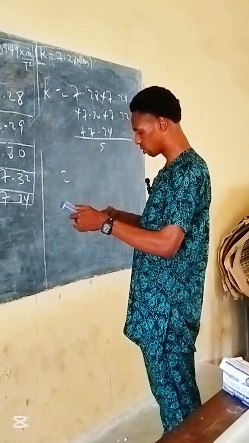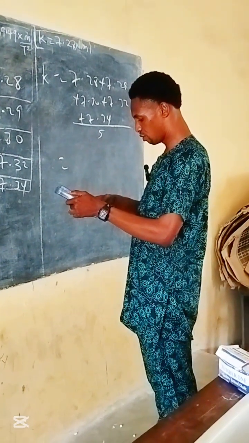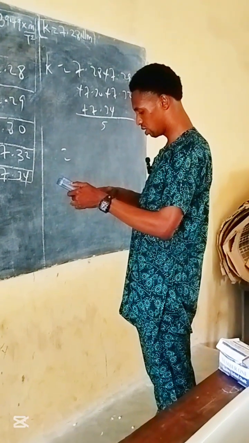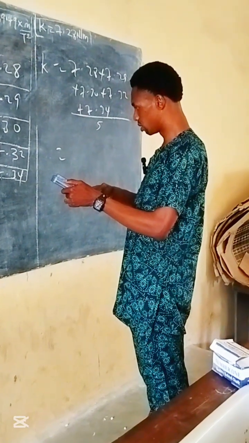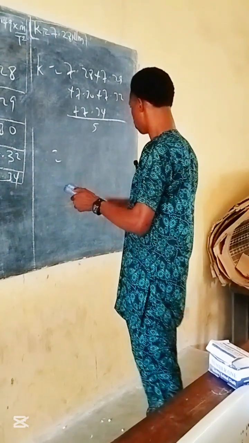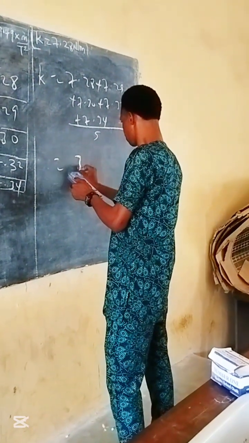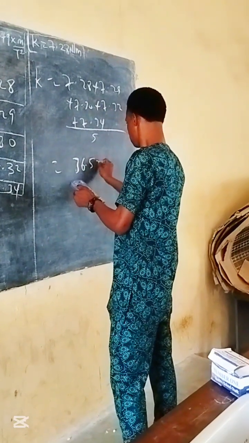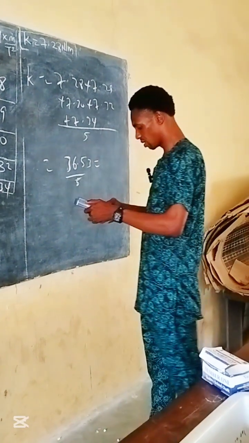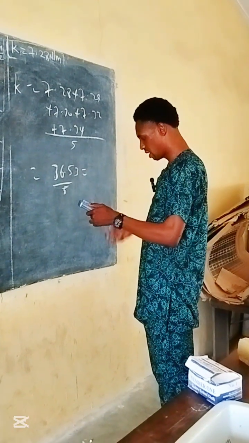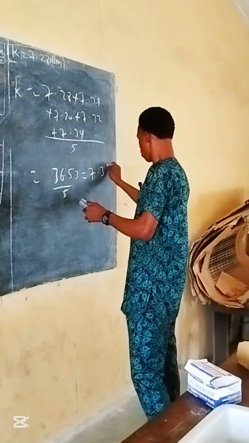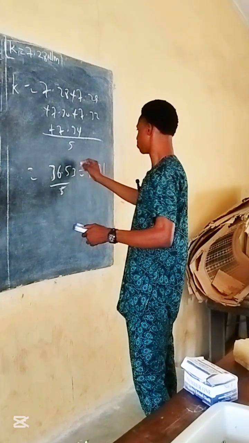That gives me 36.53, all divided by 5, and that will be 7.31.